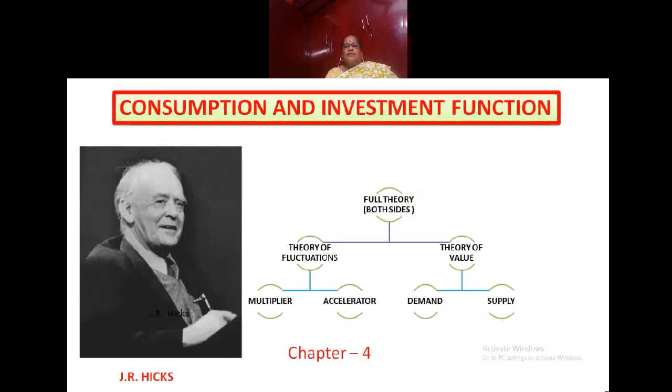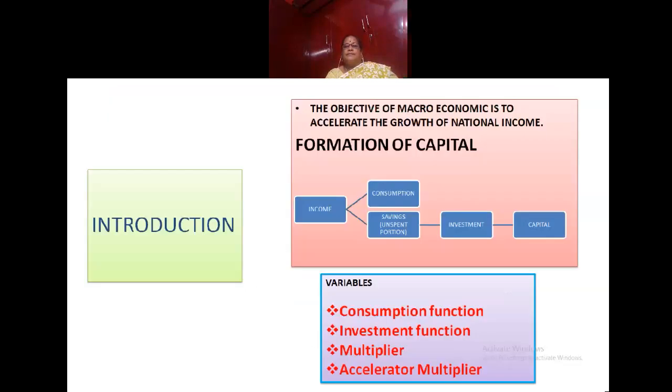Consumption and investment function. According to J.R. Hicks, his full theory has both sides, that is, theory of fluctuation and theory of value. It has been divided. The theory of fluctuations again has been divided into multiplier and accelerator, and theory of value is divided into demand and supply.